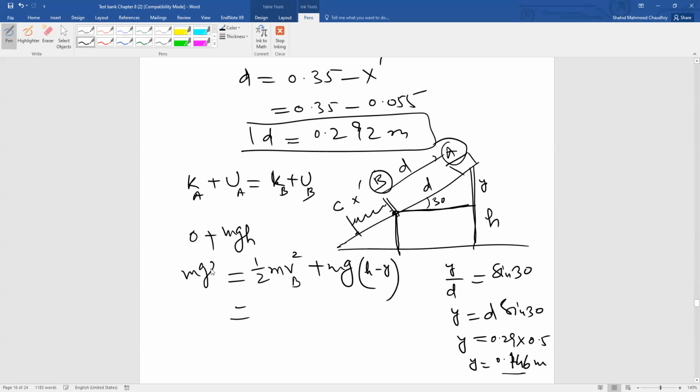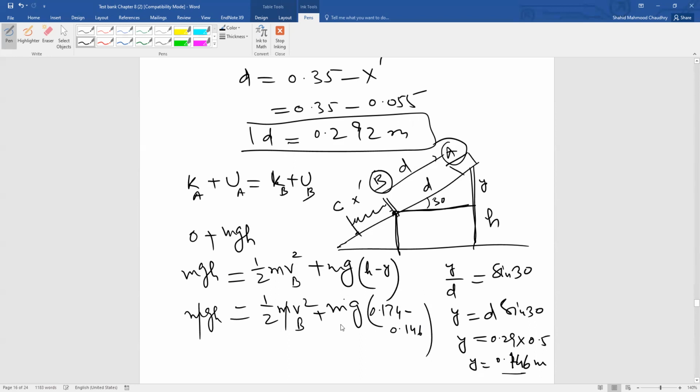So this is mgh equals one half m vb square plus m g into (h minus y). So the H value was 0.174 minus the Y value 0.146. So you can solve it.